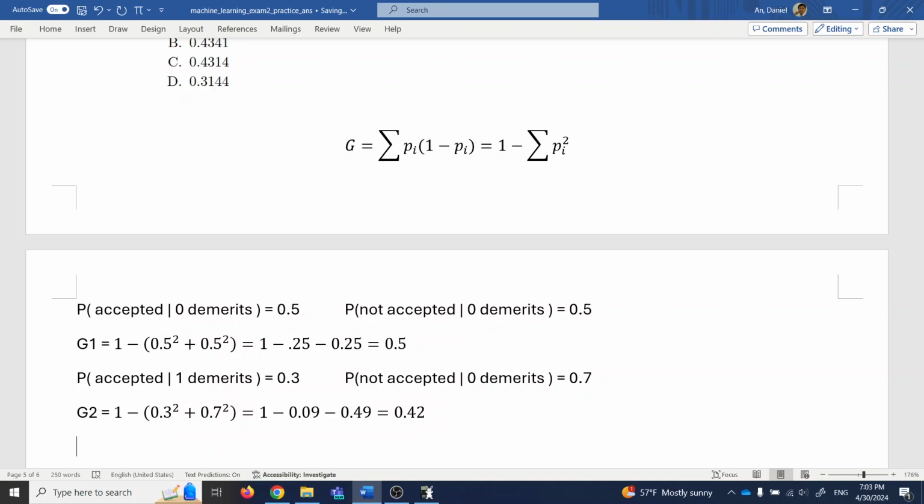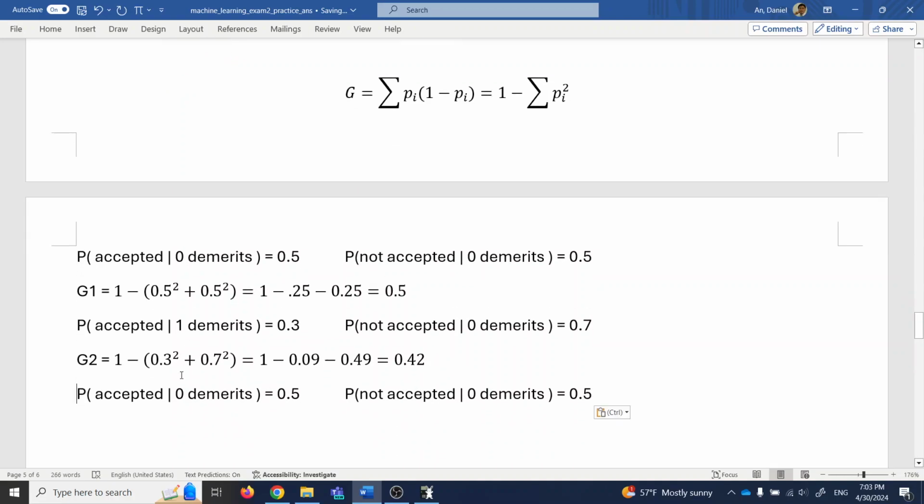Okay, and again, with 2 demerits, it's only 10% acceptance, so it's 0.9 here, and then G3 is equal to 1 minus 0.1 squared, which is 0.01, and 0.9 squared, which is 0.81, so it's going to be 0.18.